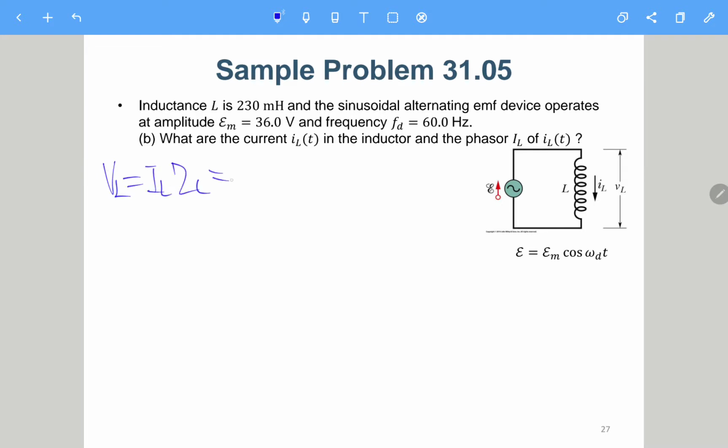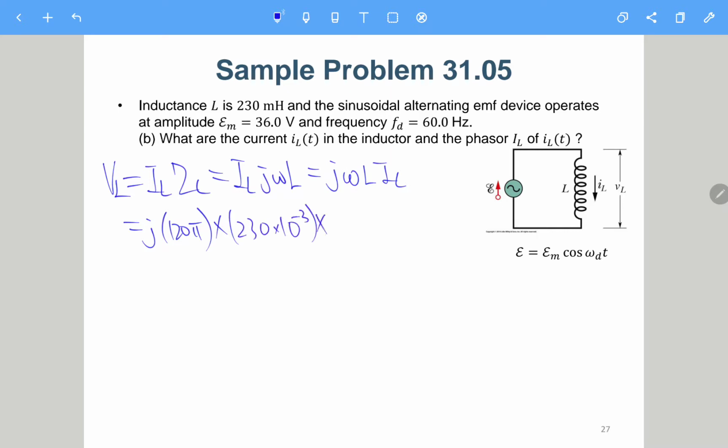And if you still remember, ZL is j omega L. So we have j omega L IL, and then we can plug in the numbers: omega is 120 pi, and L is 230 times 10 to the minus third power.